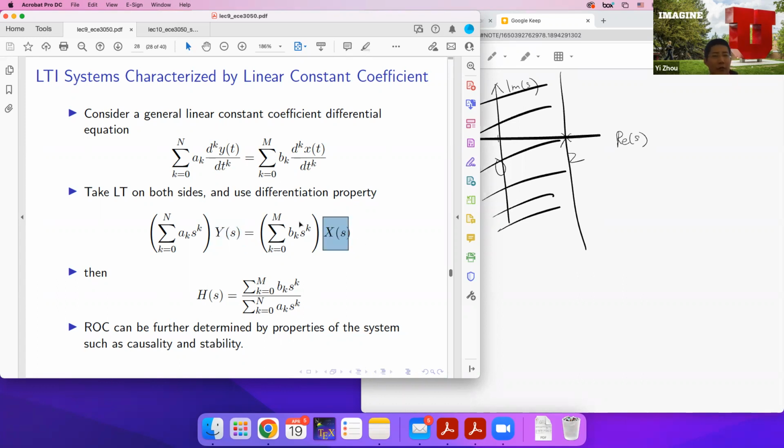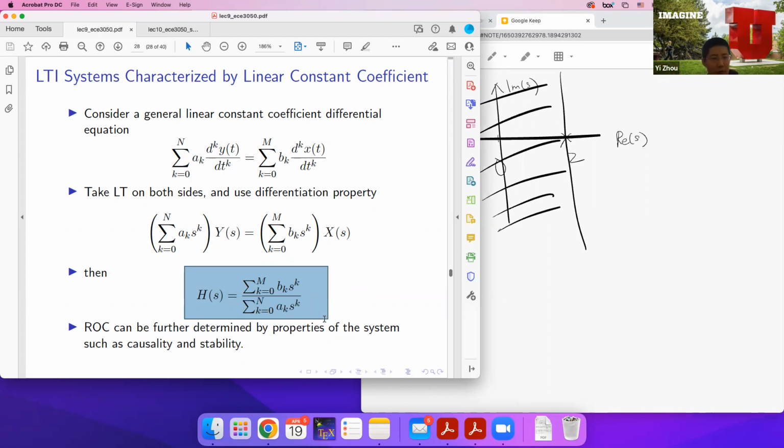So you rearrange this equation and you can figure out the system response H as a ratio of the summations. This is exactly the same as what we have done in lecture 6, the Fourier transform lecture. After that, we obtained the Laplace transform of this system. Again, we need to talk about the ROC.